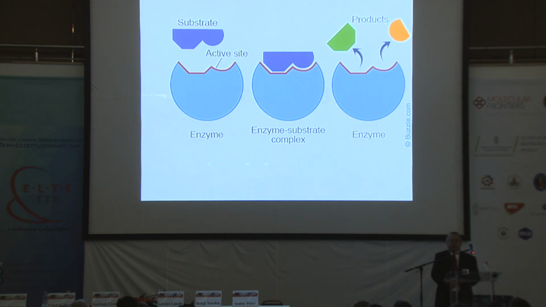It binds other molecules called substrates, and it either breaks them or connects them. And the main point is that it does it much, much faster than the same process without the enzyme. So an enzyme is a catalyst.